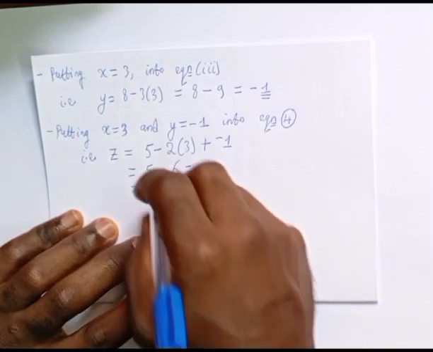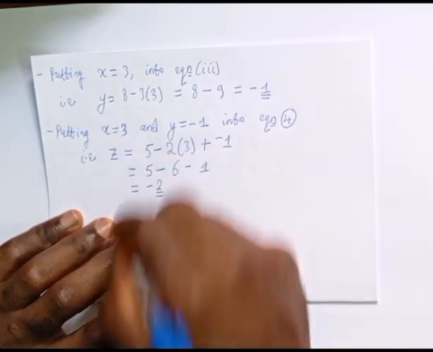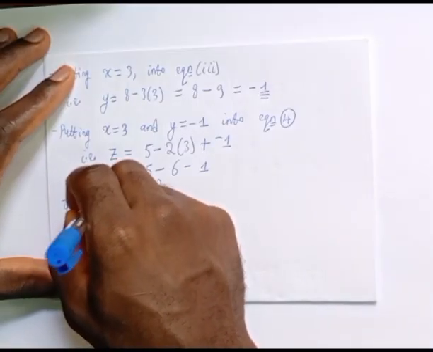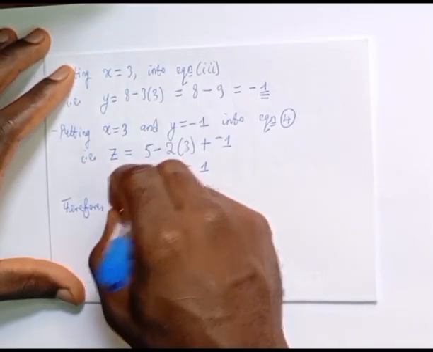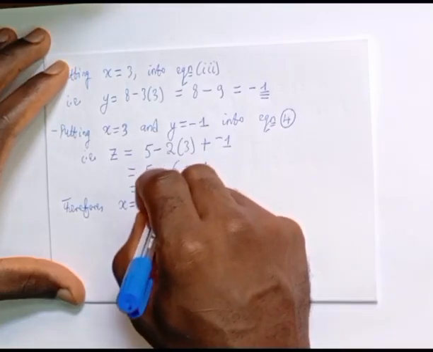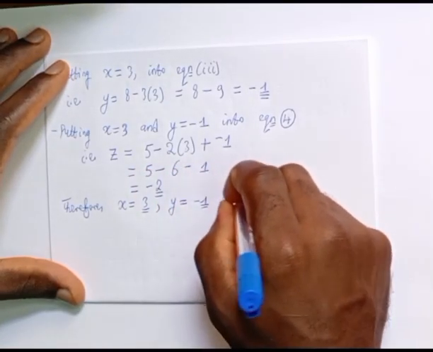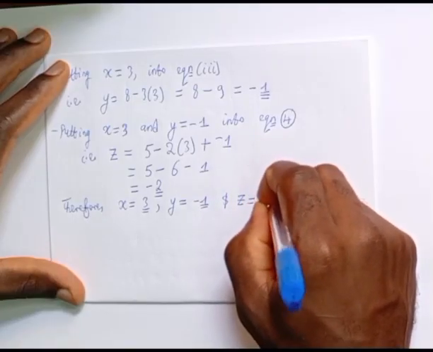Negative 1 minus 1 gives us negative 2. Then we conclude, therefore, x is equal to 3, y is equal to negative 1, and z is equal to negative 2.